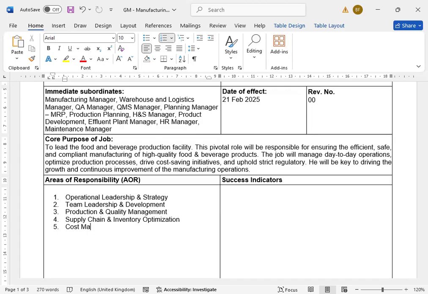So if the manufacturing manager is not able to efficiently or effectively manage the cost, then there will be a problem for the company. So cost management is important. Management and financial oversight. Okay.